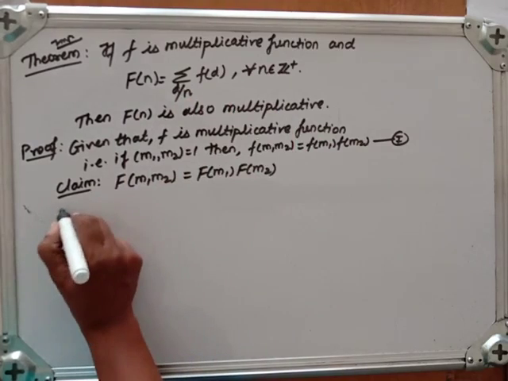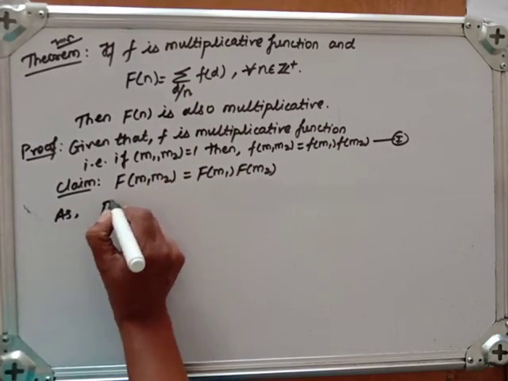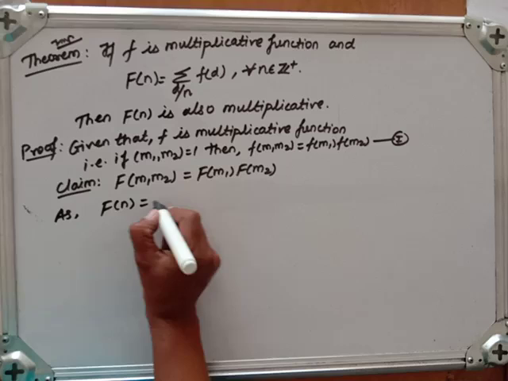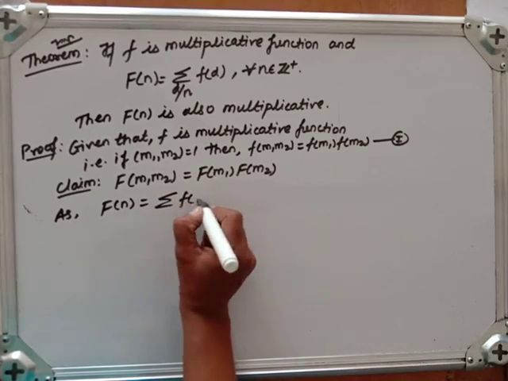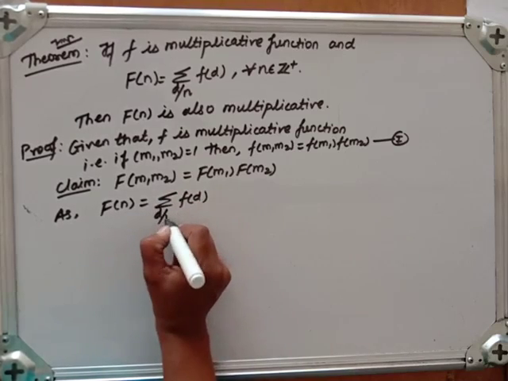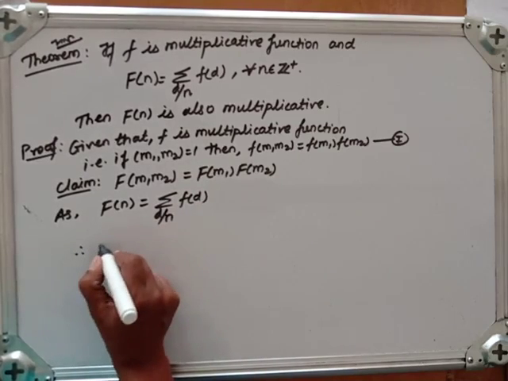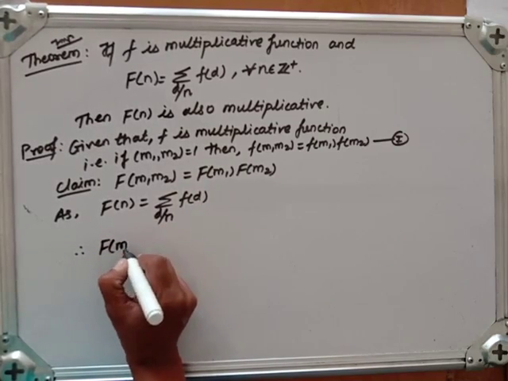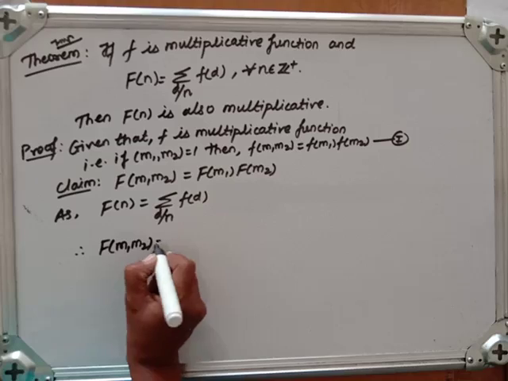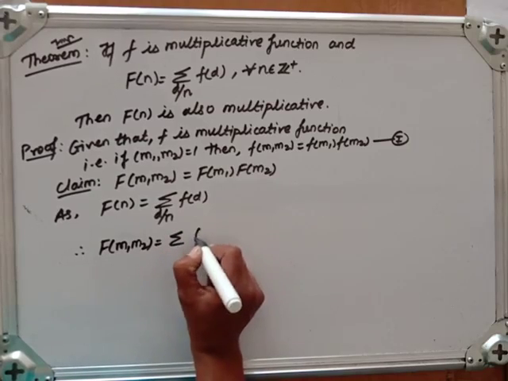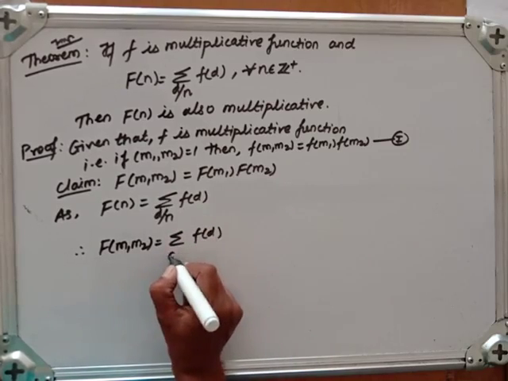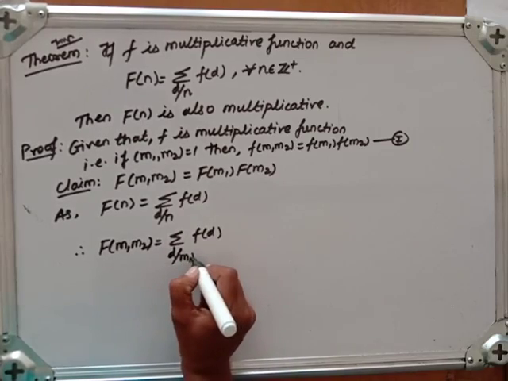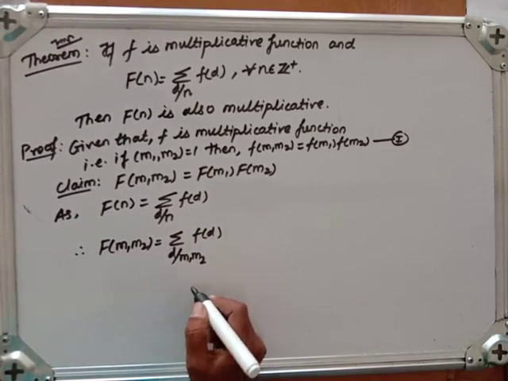So now as capital F of n is equal to summation f of d, d divides n, therefore capital F of m1 m2 is equal to summation f of d, d divides m1 m2.